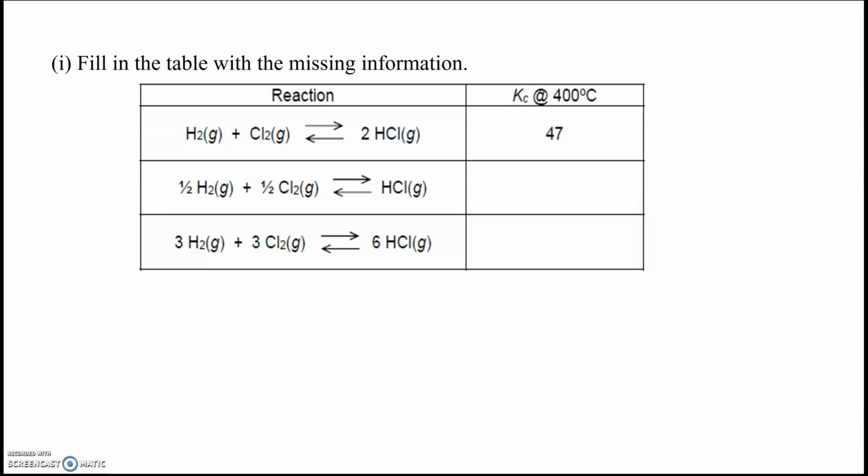Now when I multiply all the stoichiometric coefficients by 1/2, I find that my Kc is just 47 raised to 1/2, which would be 6.9 to two significant figures. Now here again, I've done the same thing, only now I have multiplied everything by 3. So my Kc will be 47 raised to the third power, or 1.04 times 10 to the fifth.